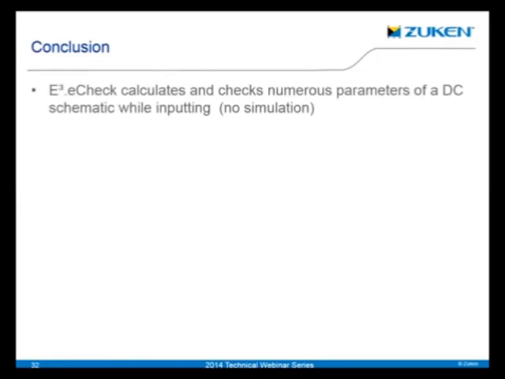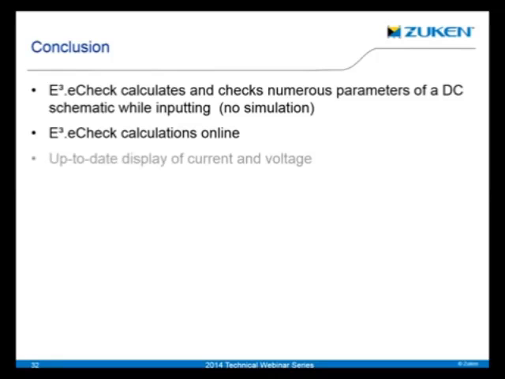At the end, let's make a conclusion. E3.eCheck calculates a lot of parameters during the input of a drawing, but it's no simulation. The calculations are all done online. You always have actual information about current and voltage in the whole schematic.